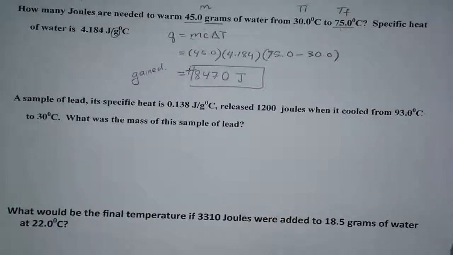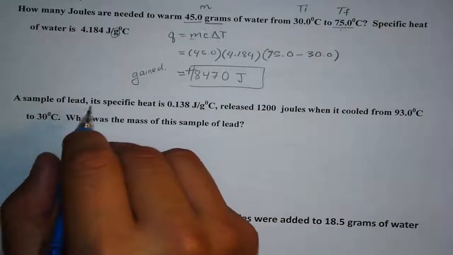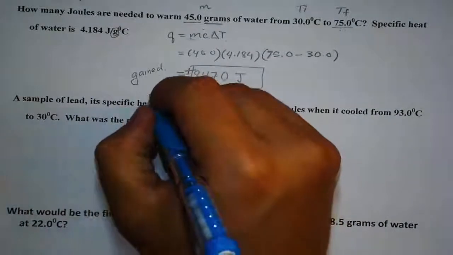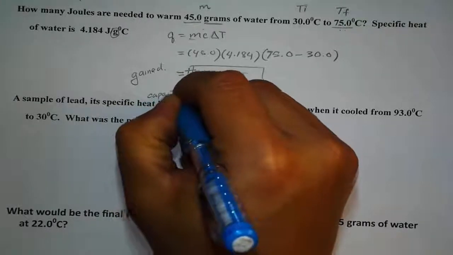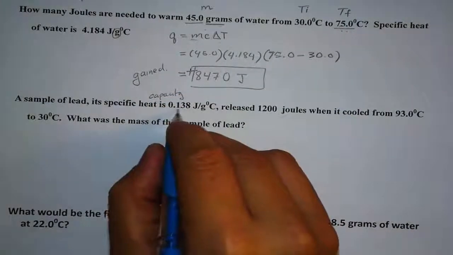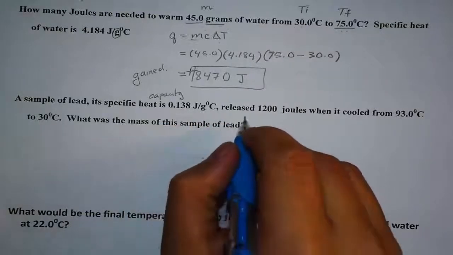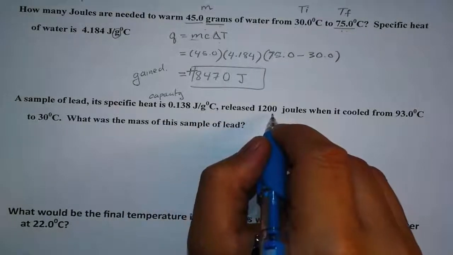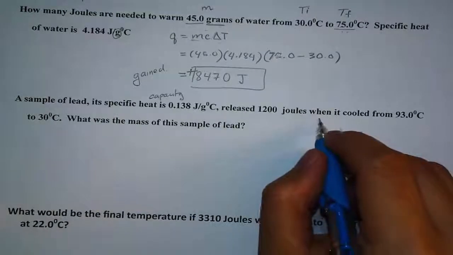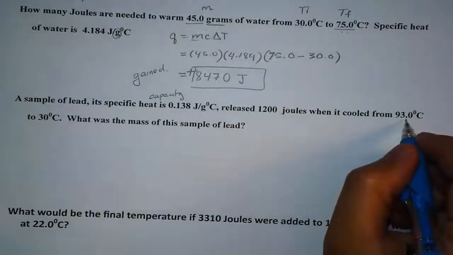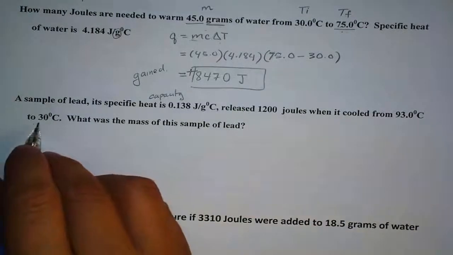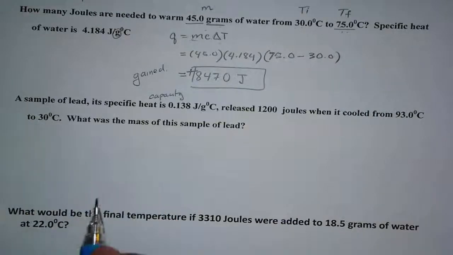Okay, let's try another problem. A sample of lead, its specific heat capacity is 0.138 joule per gram Celsius, releases 1200 joules when it's cooled from 93 degrees Celsius to 30 degrees Celsius. What is the mass of this sample of lead?